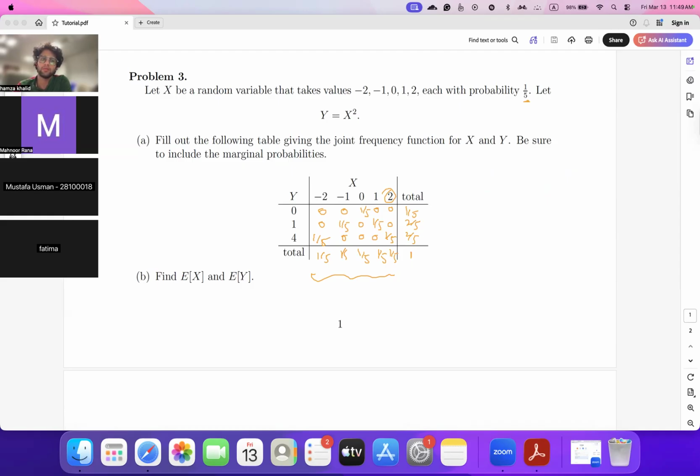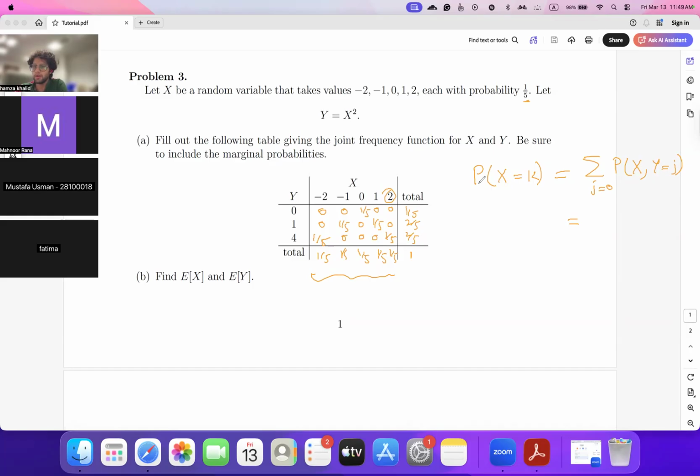For example, P of X equals k would just be equal to the sum over all the values j that Y takes.